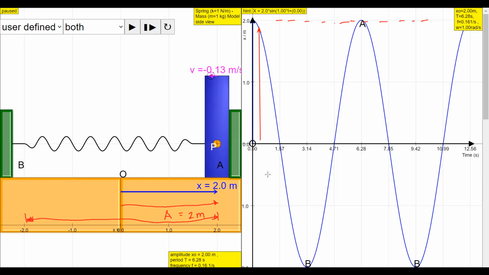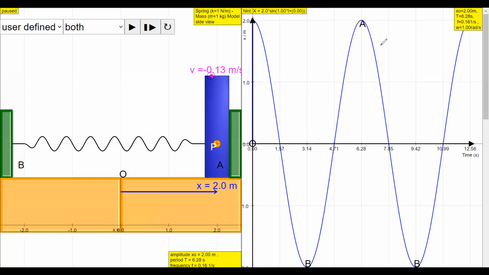We know that oscillation is also called periodic motion because it has a period. So what is period? Period is the time for one cycle. So what is a cycle?